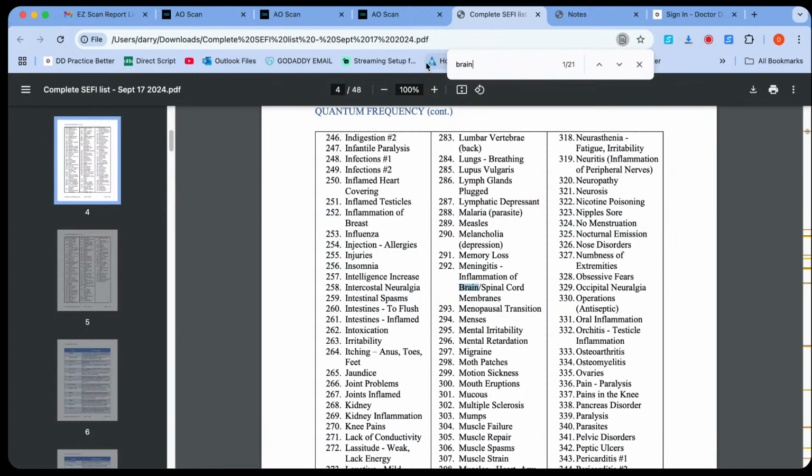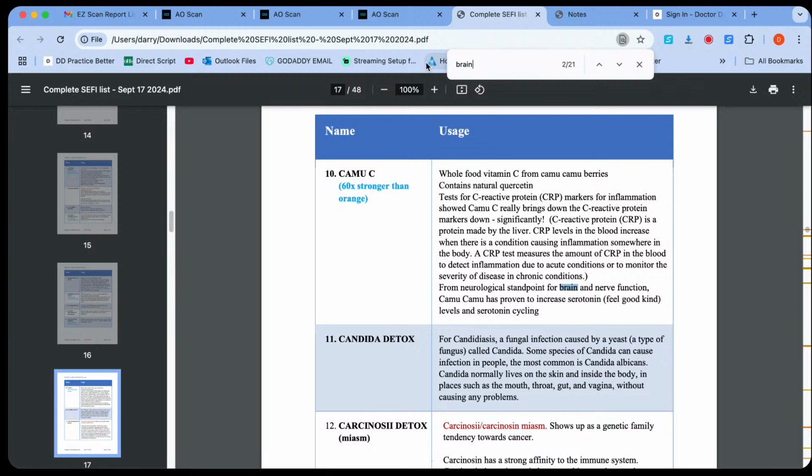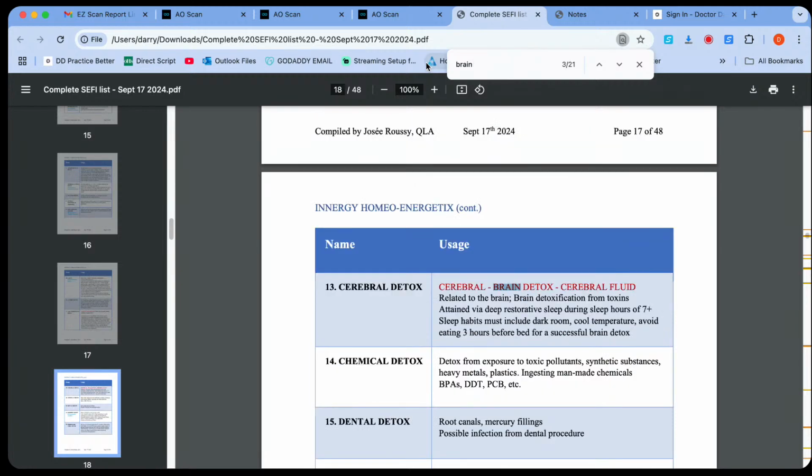See what comes up. All right. Meningitis, inflammation of the brain and spinal cord. I want you to add that one to it. I want you to add this homeoenergetics for cerebral detox. I want you to add that to it.